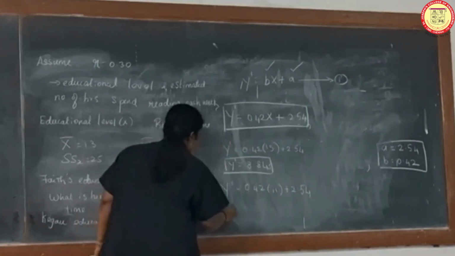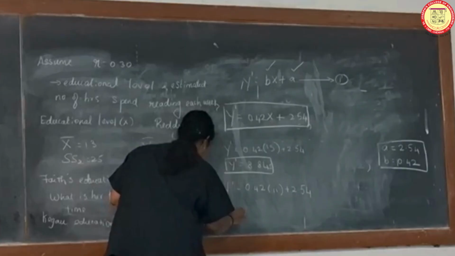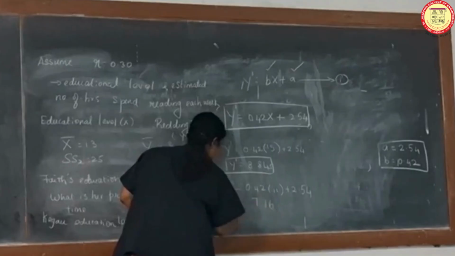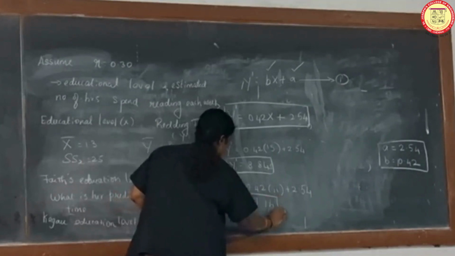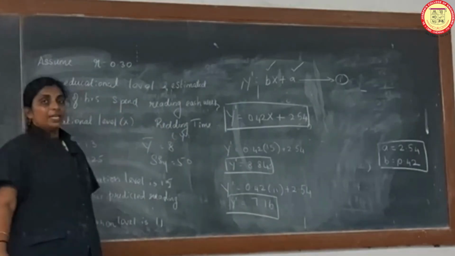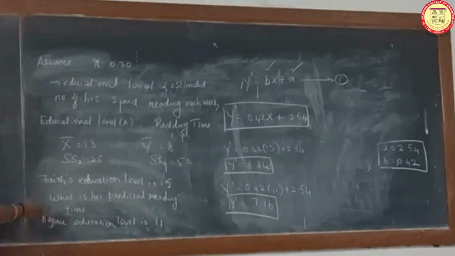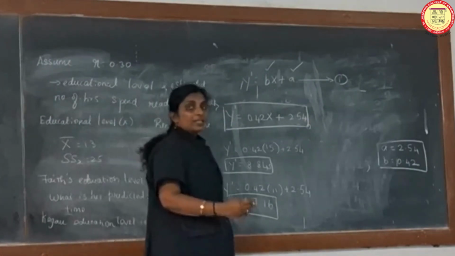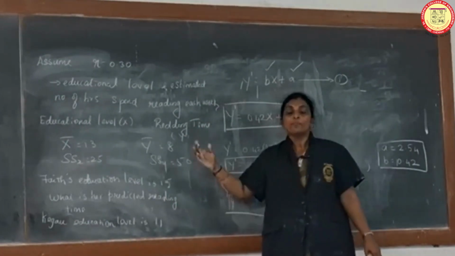So you will get Kagan's predicted reading time, which is equal to 7.16. These are the predicted reading time values of Faith as well as Kagan. Okay. So regression is mainly used to predict the values.